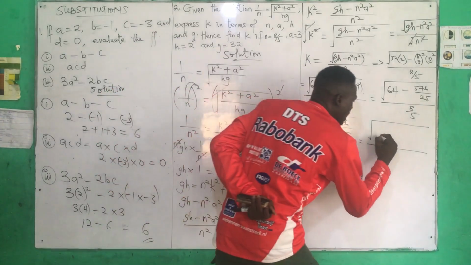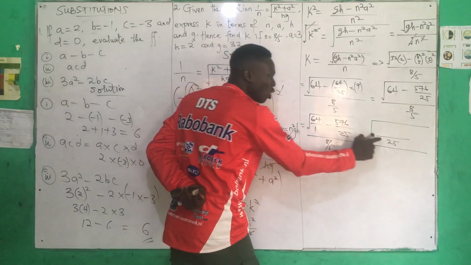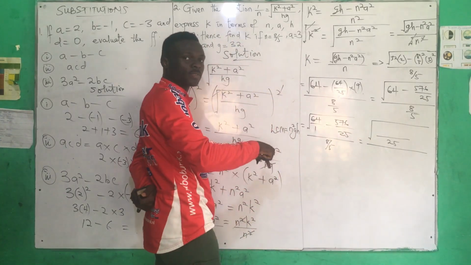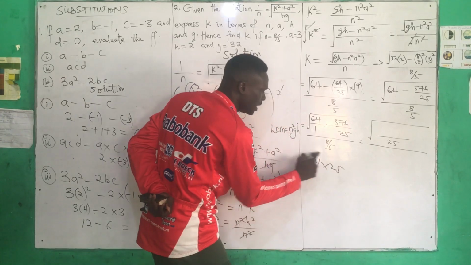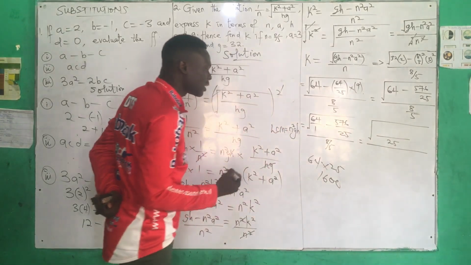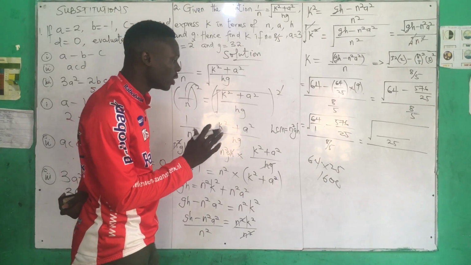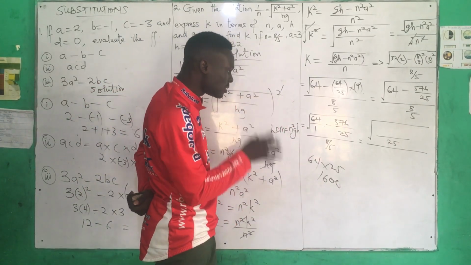So now, the LCM is 25. Now, 1 will go into 25 times. Then you multiply 64 times 25, and that should give you 1,600 if you multiply well.